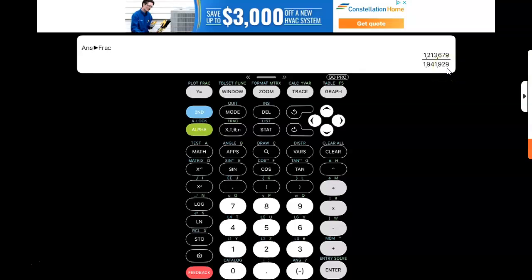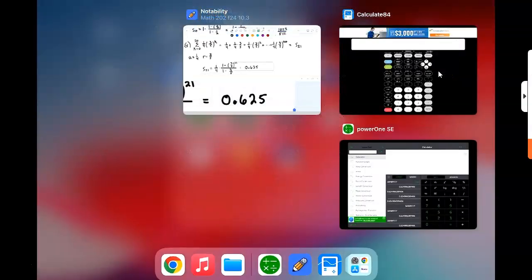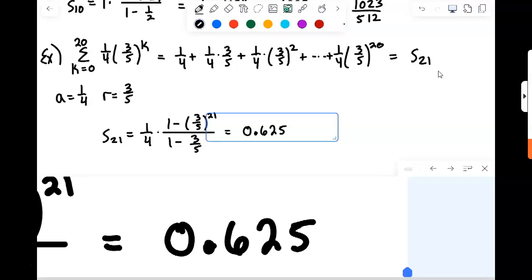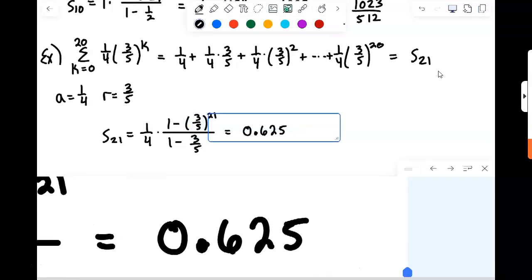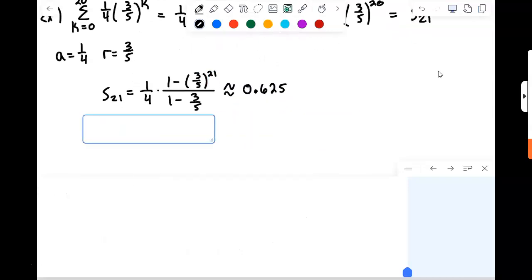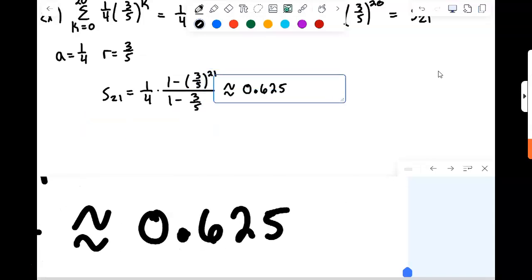So that's why I'm suspecting that there's even some rounding off here. Because it's so big, I'm not going to worry too much about it. So I just approximated here, so really I should say it is approximately 0.625. So that's what would happen if you're dealing with a bigger one.